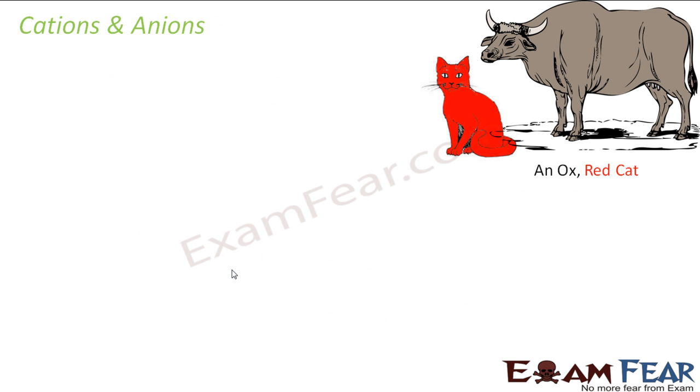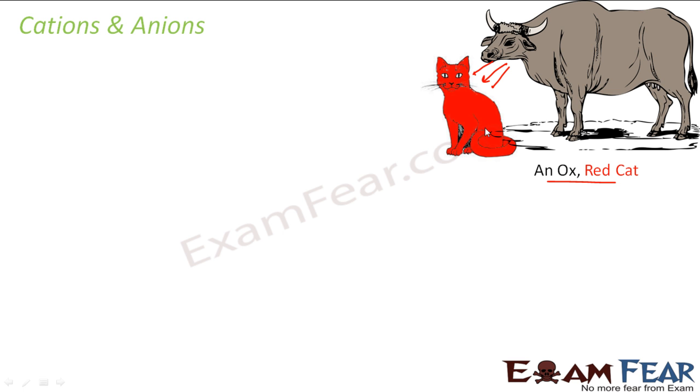We have learned cations and anions, and we are sometimes confused about what is a cation and what is an anion. So I have a memory tip for this. Imagine there is an ox and there is a red cat. The ox is trying to bull this red cat, because an ox generally goes toward a red object.